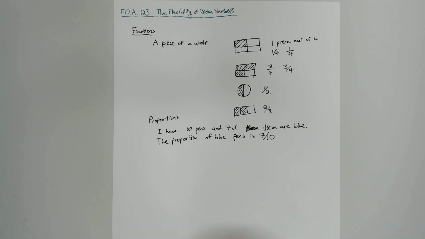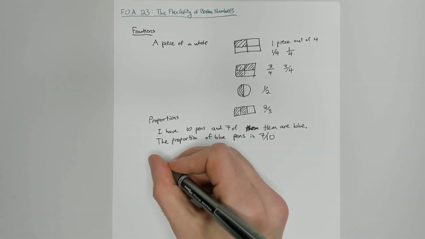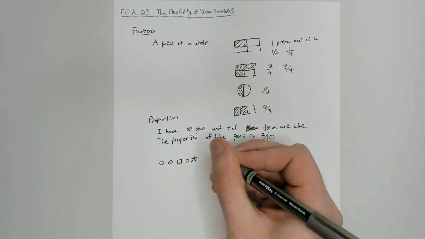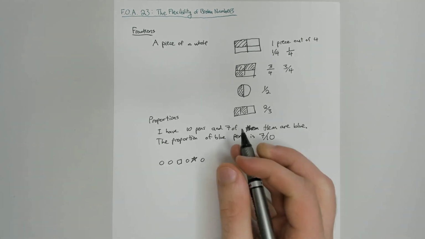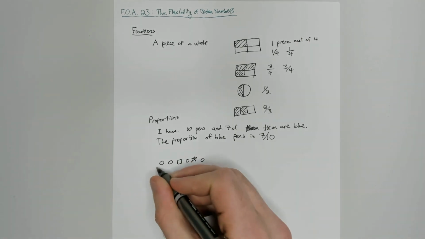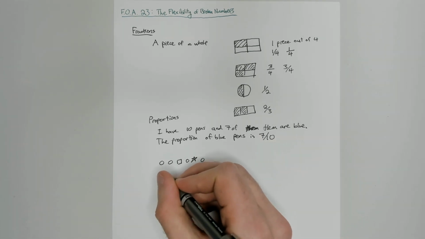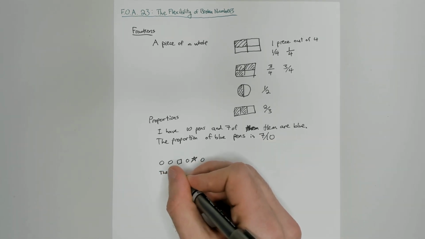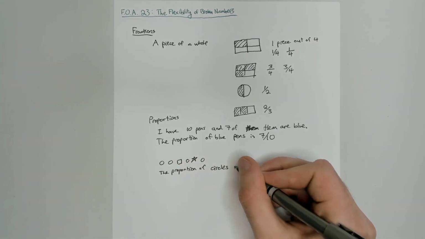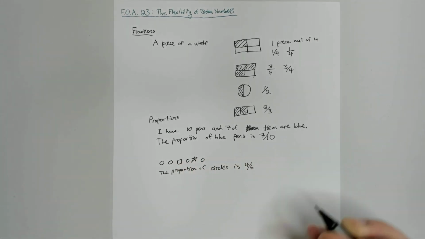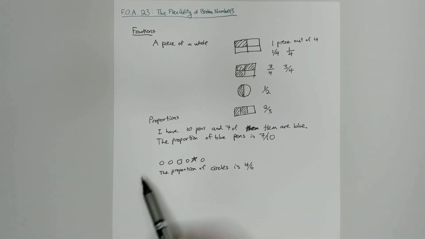All right, so let's say I draw some shapes here. What proportion of these shapes are circles? Well, we have 6 shapes in total, and 4 of them, 1, 2, 3, 4, are circles. So we say the proportion of circles in this situation is 4 out of 6, 4/6.